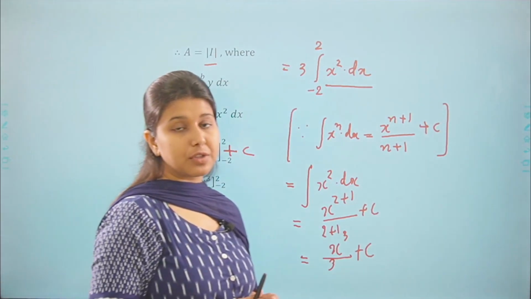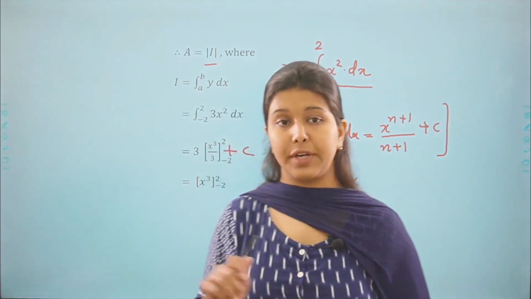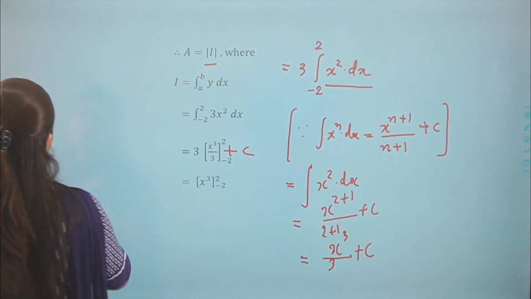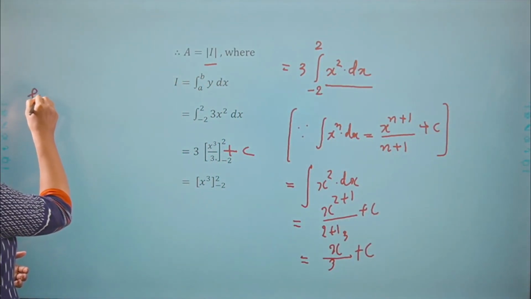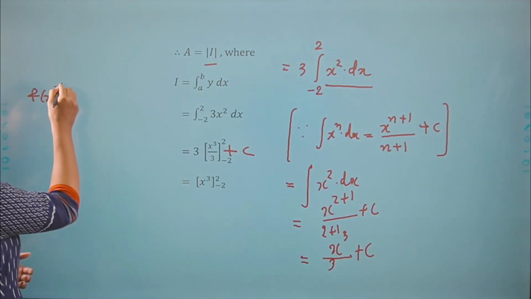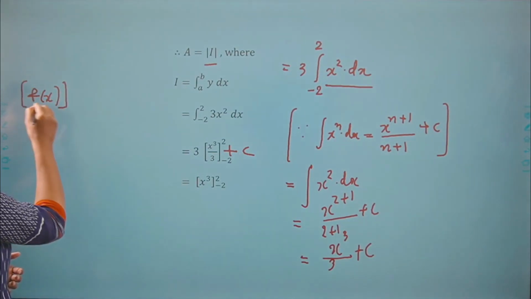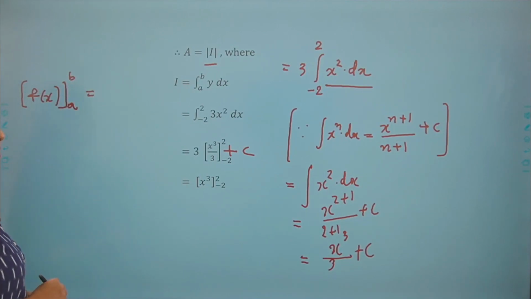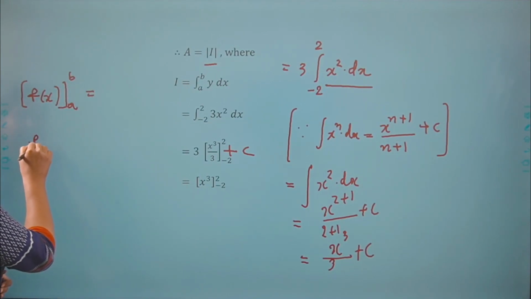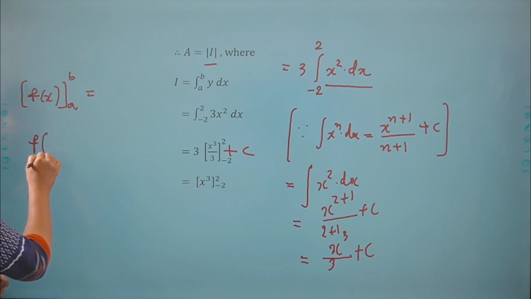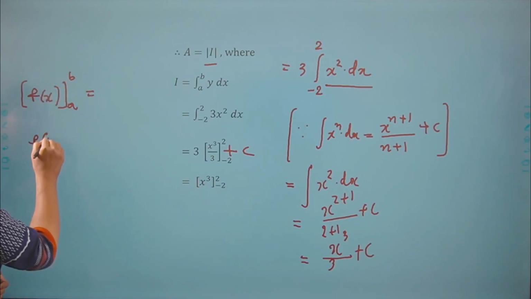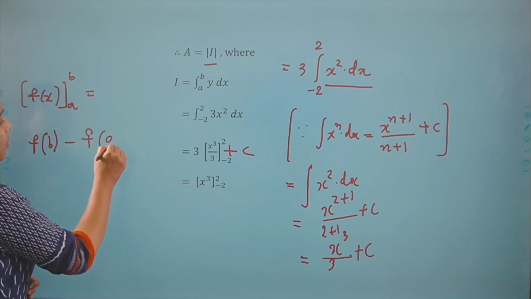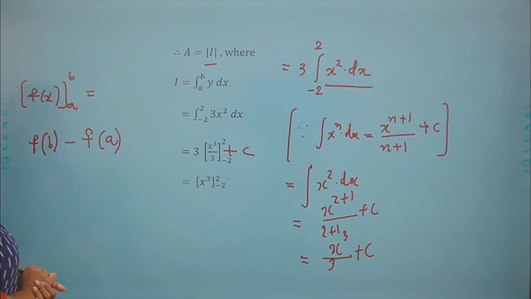Now how to put the limit in the function? For that, we have a formula, that is, if you have function f of x and limit tends to a to b, you can write it as f of upper limit, that is b, minus f of lower limit, that is a.